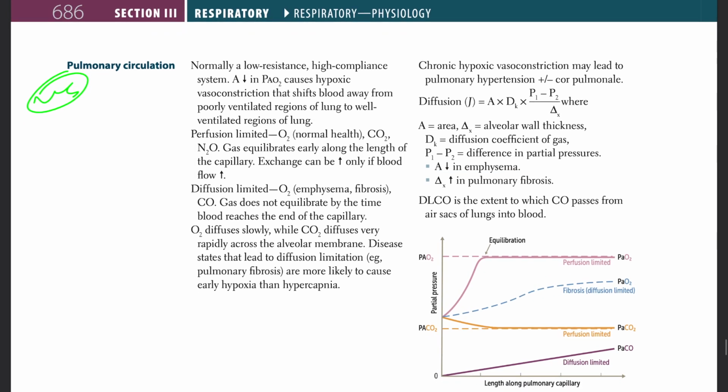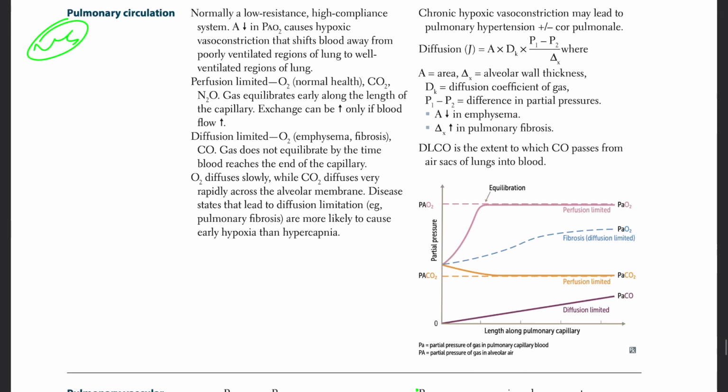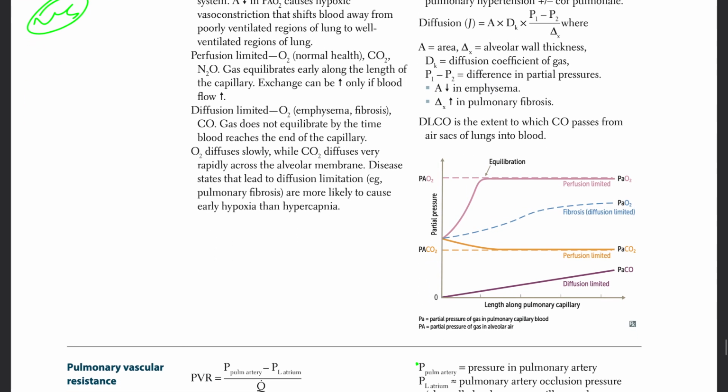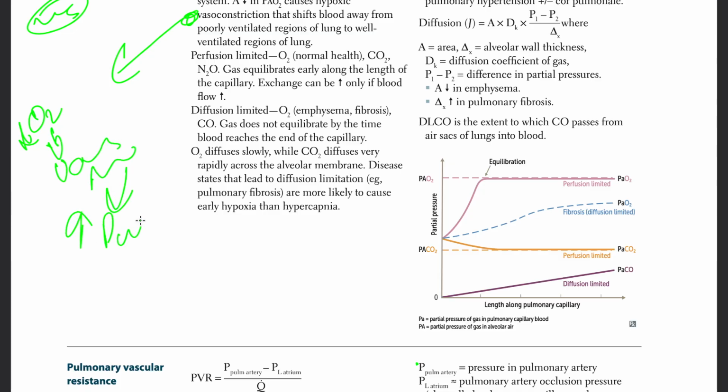One more high-yield point here is vasoconstriction. Why would you have vasoconstriction? Because low O2 is going to cause vasoconstriction, right? That vasoconstriction in the lungs is going to cause an increase in pulmonary artery pressure. That increased pulmonary artery pressure can lead to cor pulmonale.